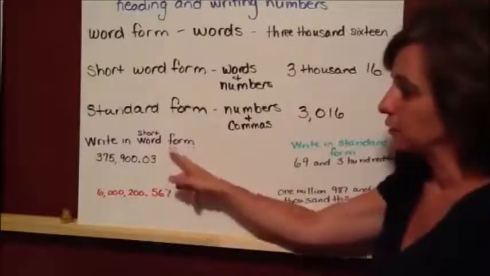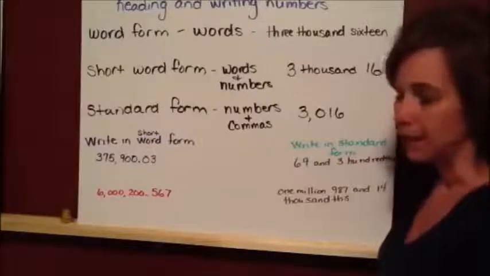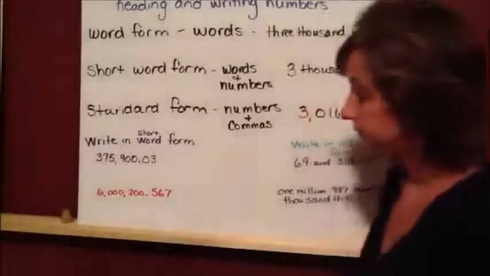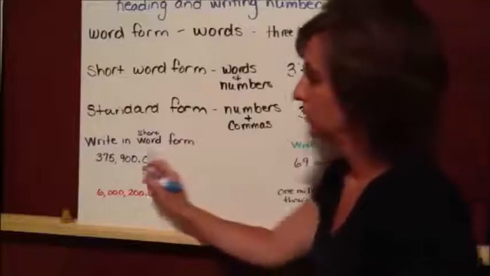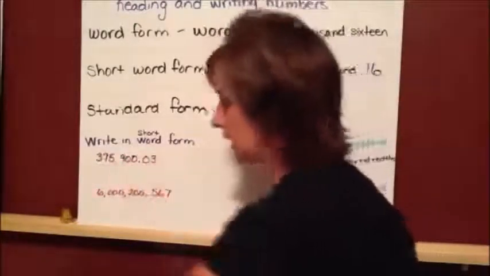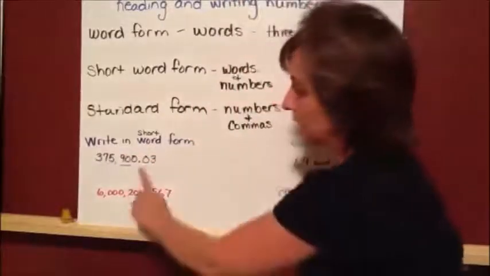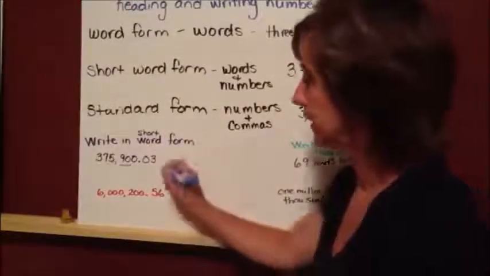To write these in short word form would mean first that I would identify the commas and identify the periods that I was going to have to write in my short word form. So because I have 1 comma, I would underline the 2 periods and know that there are pieces on the end that are not quite a whole.